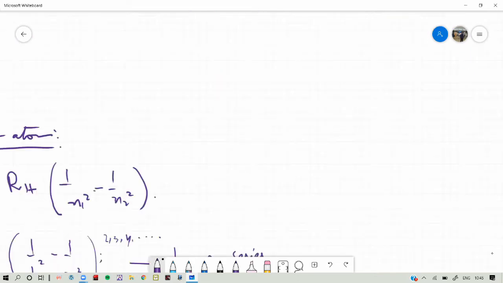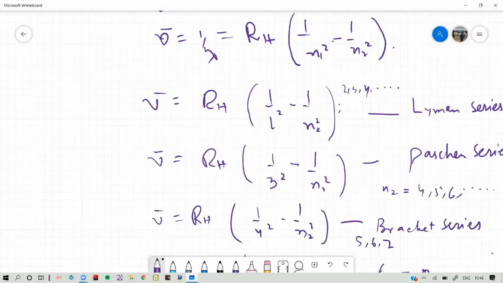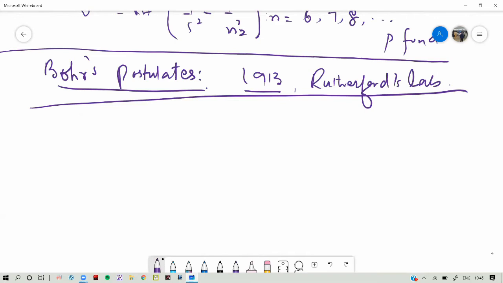So what Bohr has designed is that Bohr used the concept of the nuclear atomic model, number one.